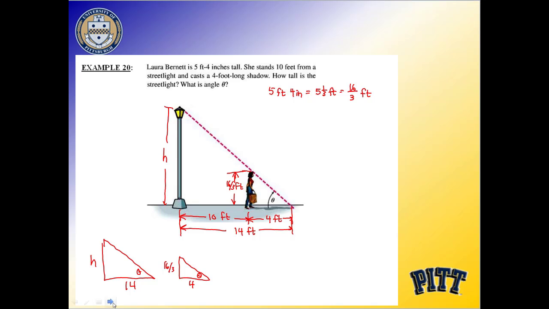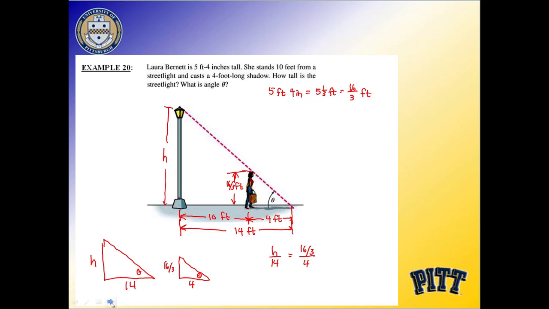So the tangent of theta is h over 14. It's also 16/3 over 4. And since theta is the same angle in both of these, and the tangent should be the exact same, I can say that h over 14 equals 16/3 over 4. These are things that you learned about also in geometry dealing with similar triangles.